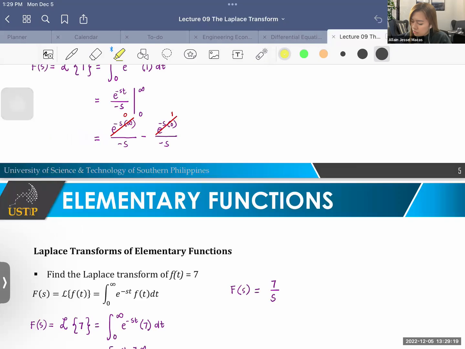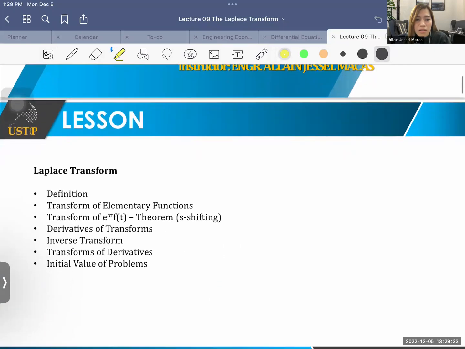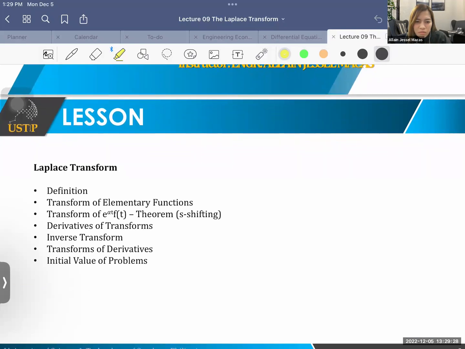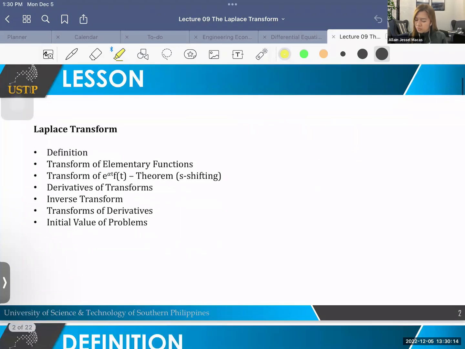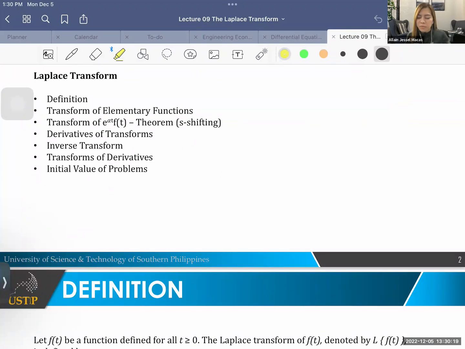Right now, mag-post ko sa file sa assignment ha, paki-confirm ko if makita ninyo sa last page.